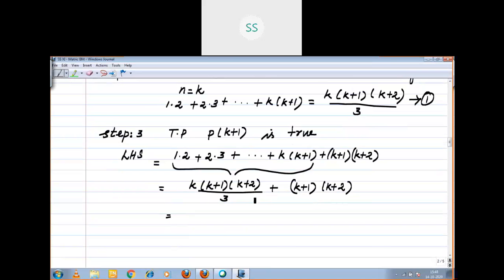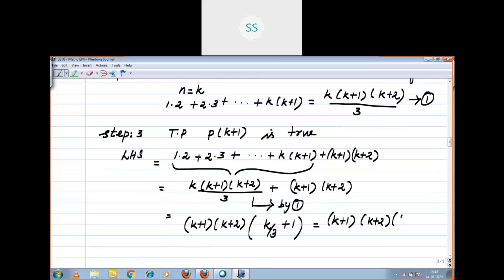K plus 1 into k plus 2 is common, which is equal to, if you want you write by 1, which is equal to k plus 1 into k plus 2 bracket k by 3 plus 1, which is equal to k plus 1 into k plus 2 into k plus 3 divided by 3.